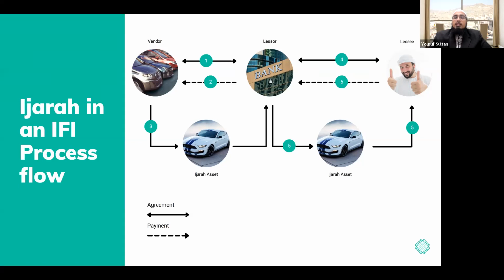Then the bank procures that asset from the vendor. Let's say this is a car showroom or a car dealer, and the bank is purchasing that car from the vendor. The bank has an agreement with the vendor directly, and then the bank makes the payment to the vendor, and the vendor delivers the asset to the bank.